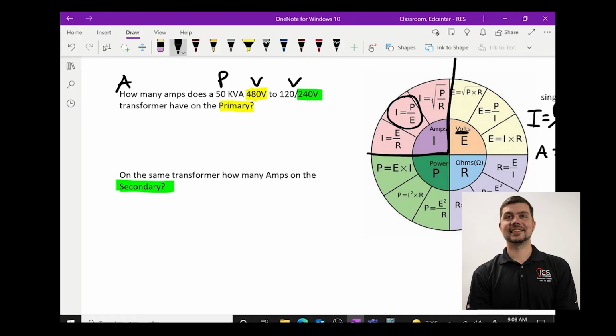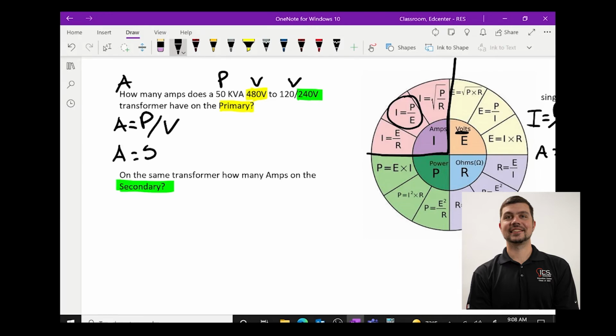So working this problem out, how many amps does a 50 kVA, 480 volt transformer have on the primary? All we're worried about over here is that same formula: amps equals power divided by voltage.